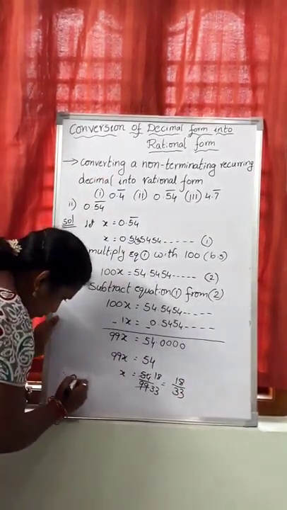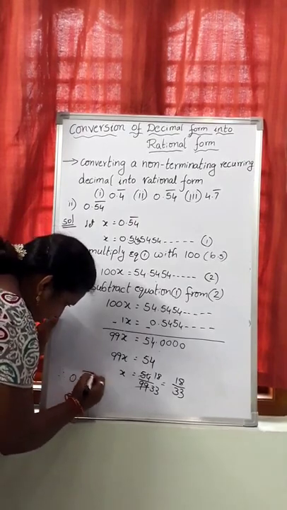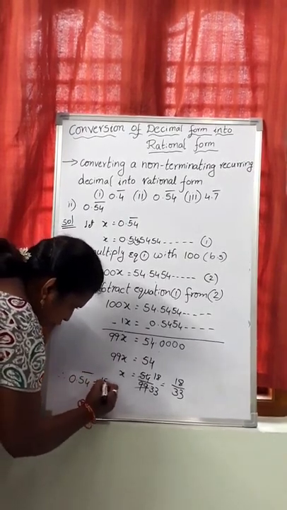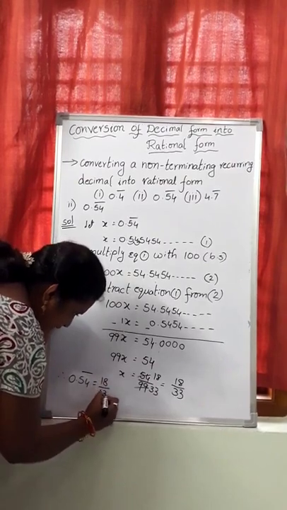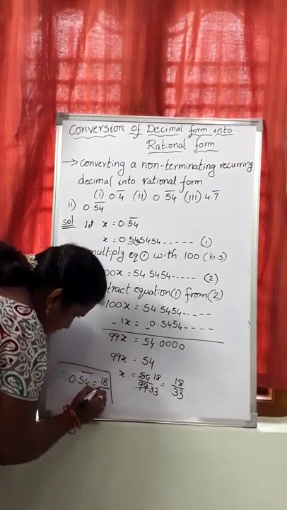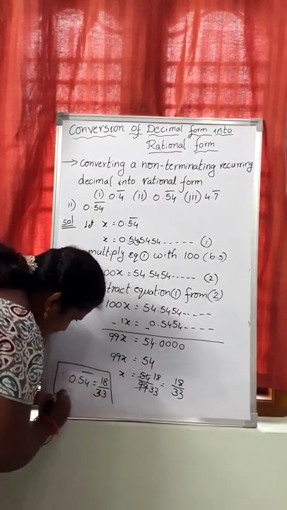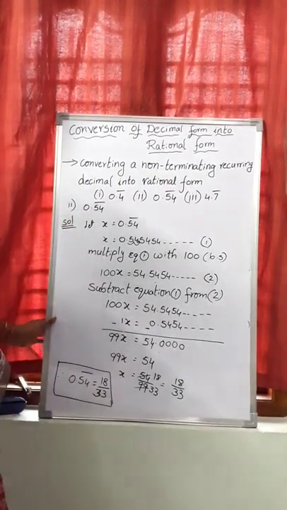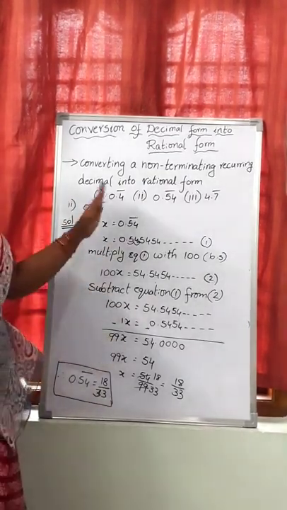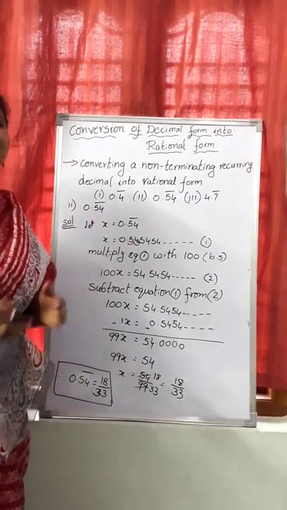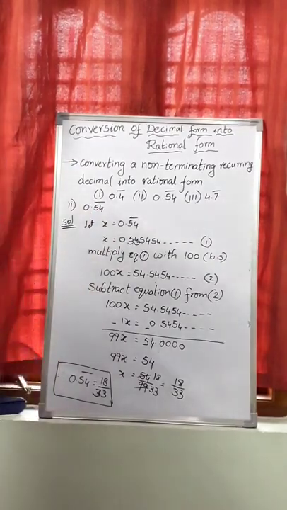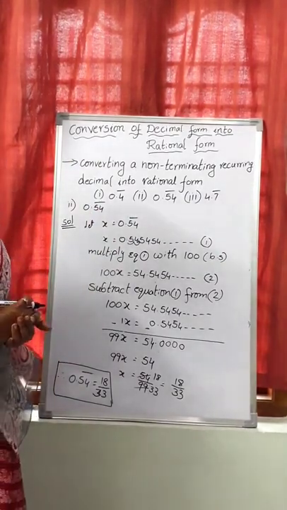Therefore 0.54 bar can be expressed in the rational form as 18 by 33. So this is the way we can convert any non-terminating recurring decimal into the rational form.